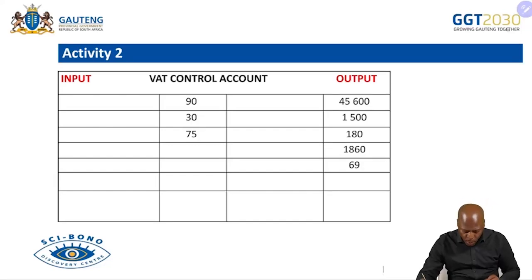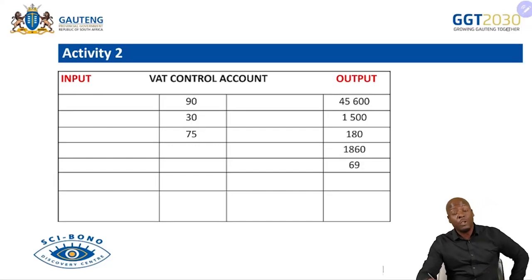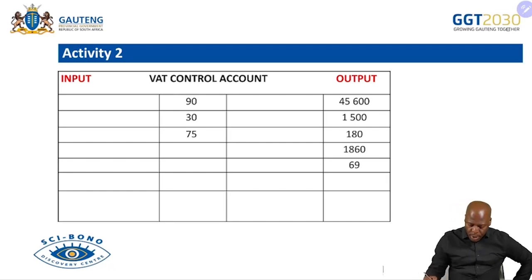As we close off, we want to establish the amount that is due to SARS or due from SARS. So we look for the side with the highest amount. That is how we always do it. The side with the highest amount, from how I see it, has to be my credit side. Here's my credit side, because this is my debit side.